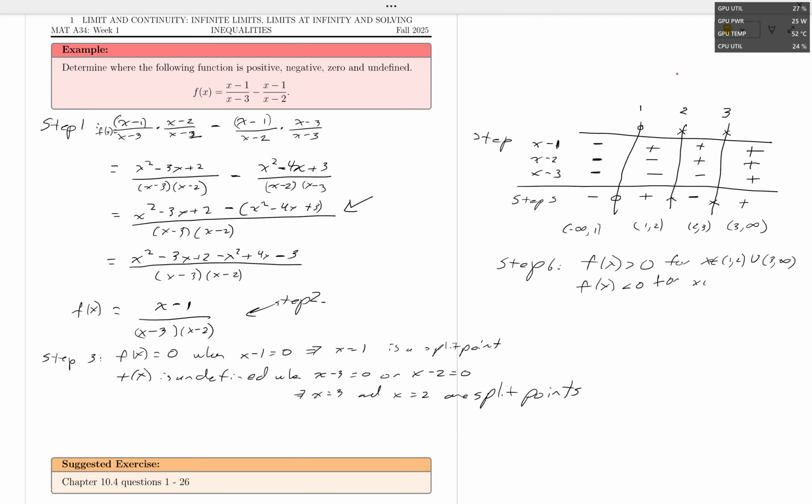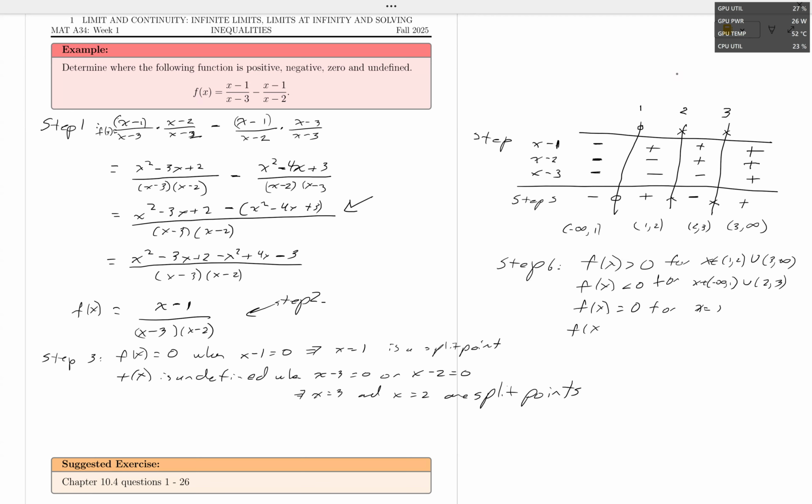For x in the interval minus infinity to 1, union with 2 to 3. Where does f of x equal 0? This is for x equaling 2 or x equaling 3. Or sorry, this is for x equaling 1. If we look at the chart, the circle is at x equaling 1.